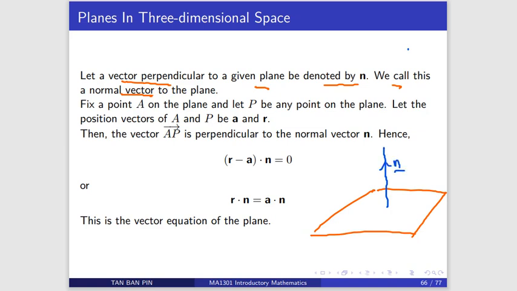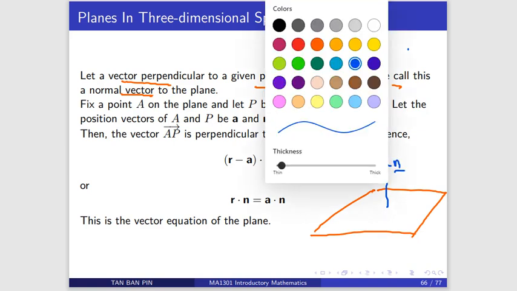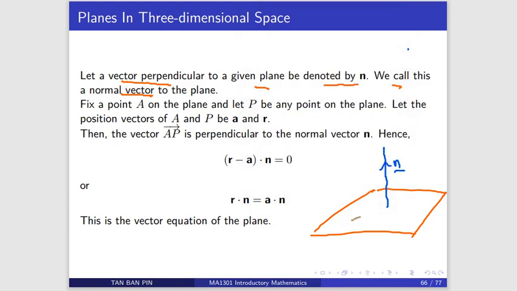then you'll find that if you draw any vector on the plane, you'll find it will be 90 degrees.